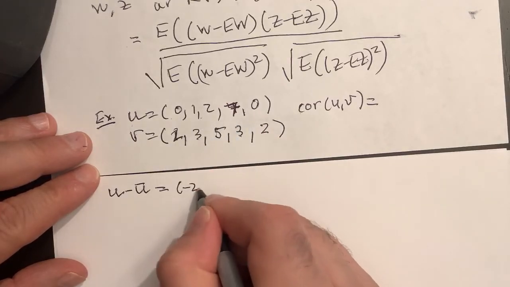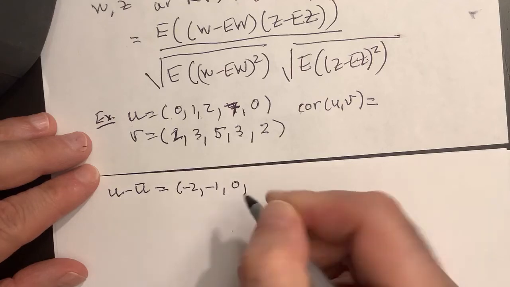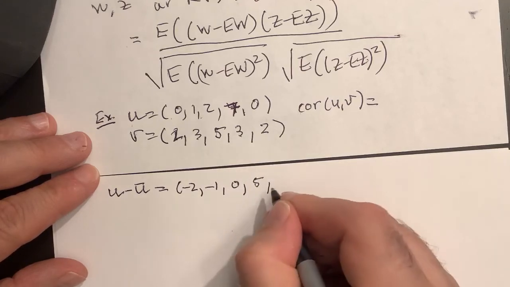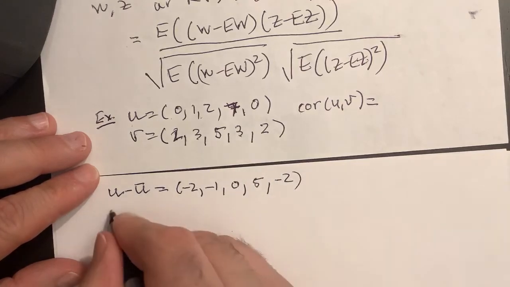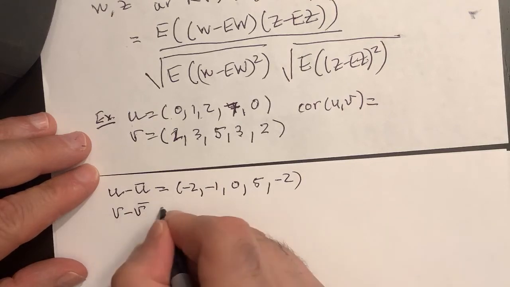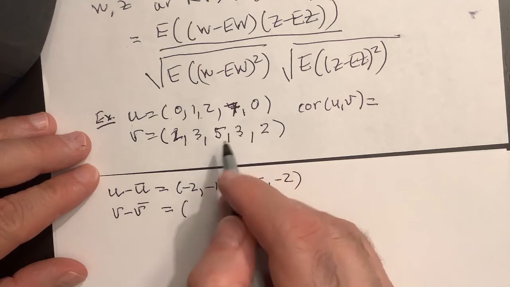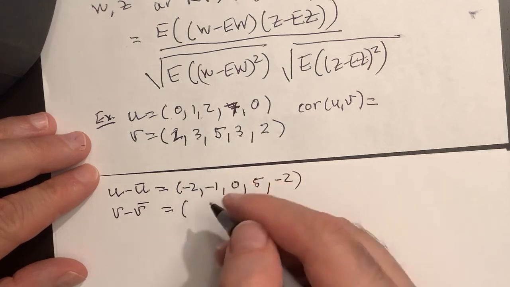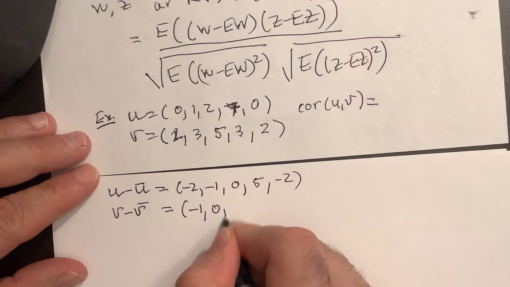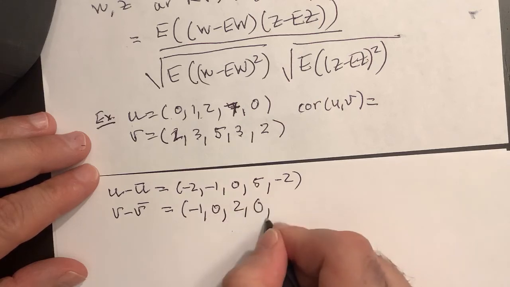So minus 2, minus 1, 0, 5, minus 2. V minus V bar is equal to, mean here is 3, minus 1, 0, 2, 0, minus 1.